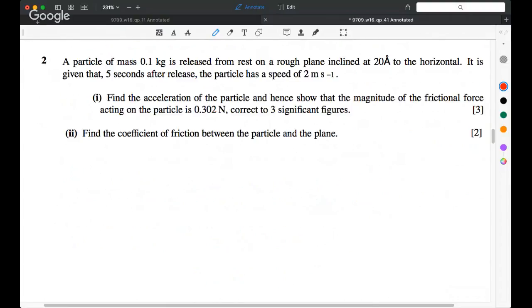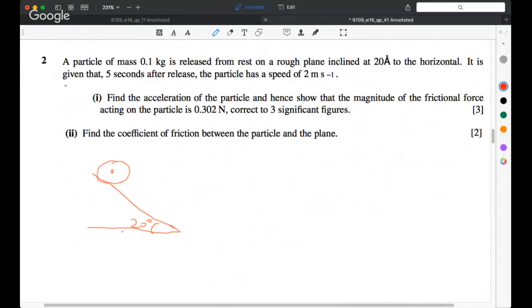So question 2. We have a particle resting on an inclined plane at 20 degrees. In this kind of question, where it's not in a horizontal frame, we have to be careful as to how we resolve forces.